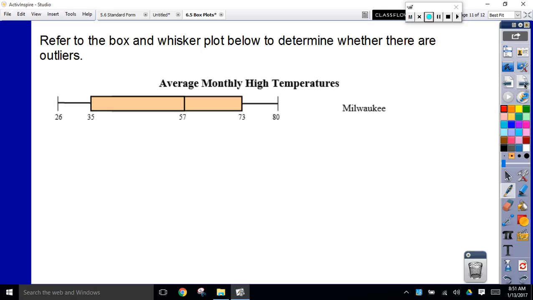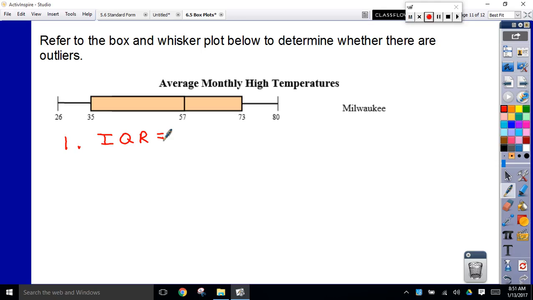So in this box and whisker plot, we first need to find what the interquartile range is. That was step 1. So the interquartile range is what? Gretchen? No? 38.